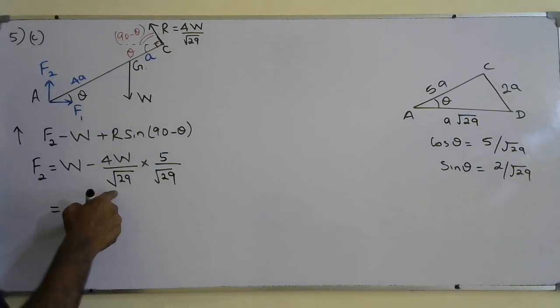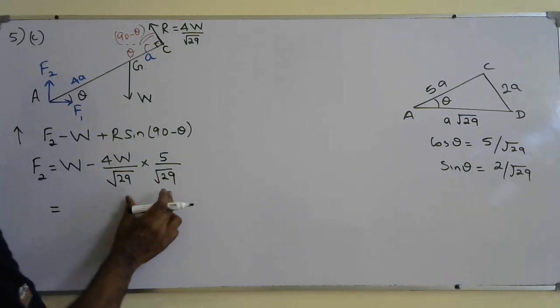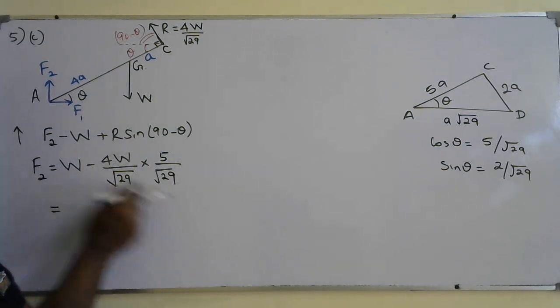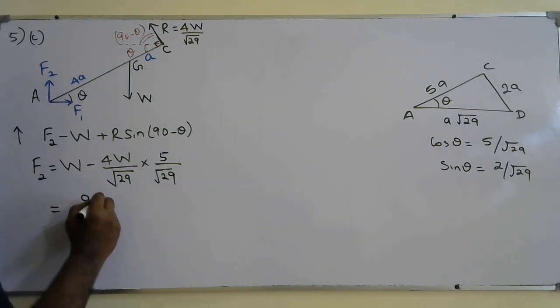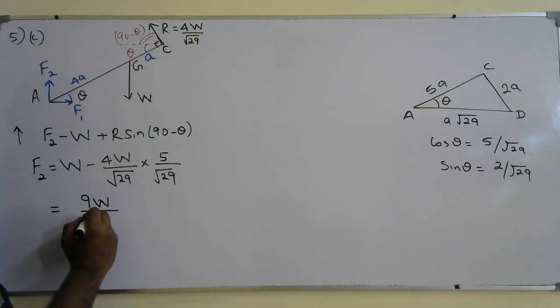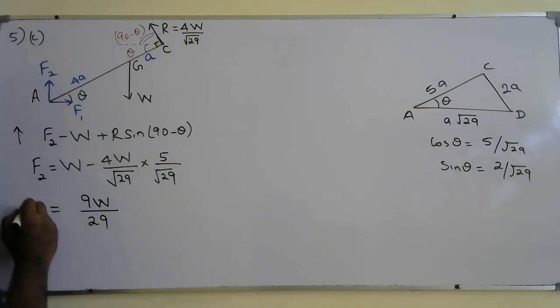Solve it: square root of 29 times square root of 29 is 29, and 5 into 4 is 20. So 29W minus 20W, that is 9W over 29. That is F2.